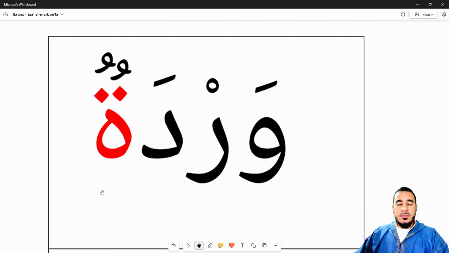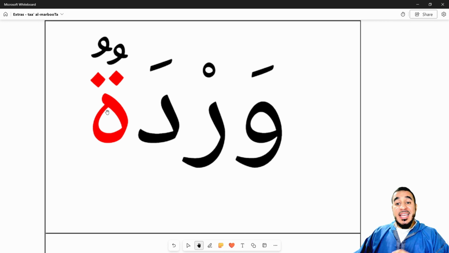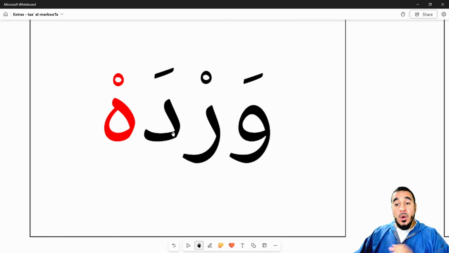All right? It doesn't matter which haraka it comes with, but we would pronounce it with the haraka as the ta. But if it's the last word in the sentence, then we would pronounce it as a ha with a sukoon, like this. Wardah.